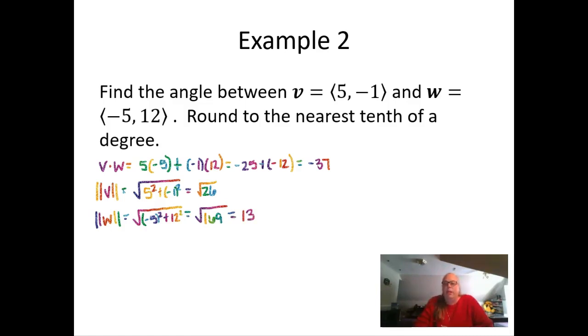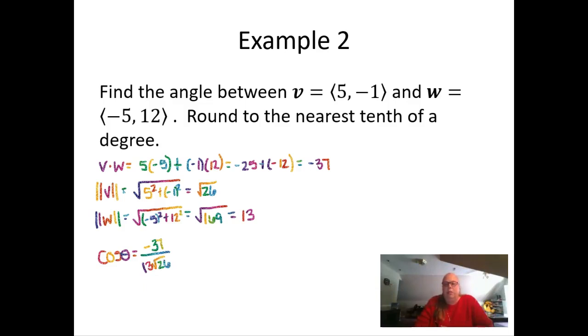And so when I want to find the angle in between the vectors, remember I'm going to use the cosine. So the cosine of my angle is -37, divided by 13 times the square root of 26.